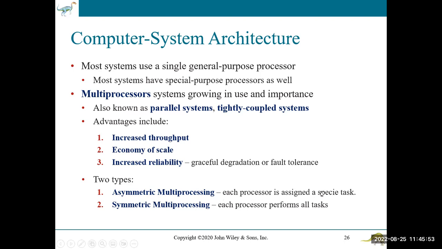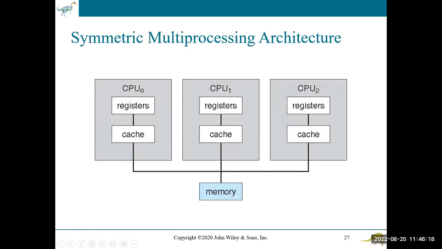In asymmetric multiprocessing, each processor is assigned a specific task. So if each task has a separate processor, that's asymmetric multiprocessing, and that's pretty easy to implement in an operating system. Much more difficult is symmetric multiprocessing, where each processor performs all the tasks.